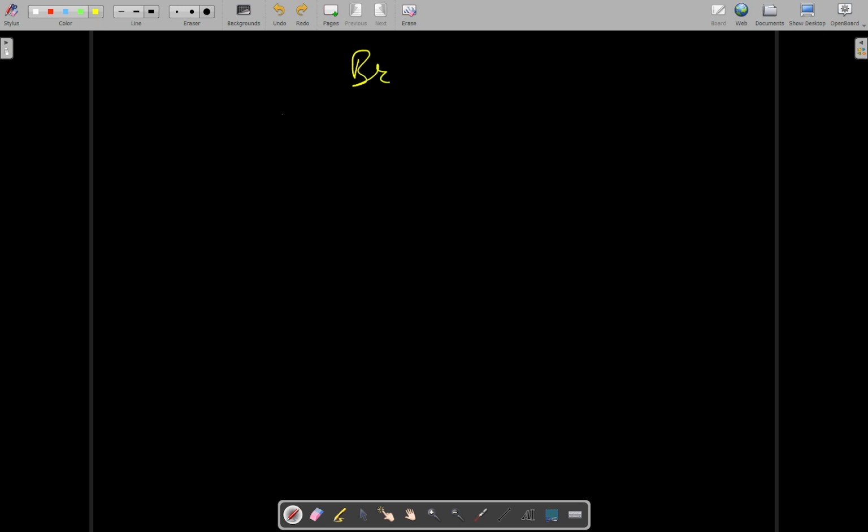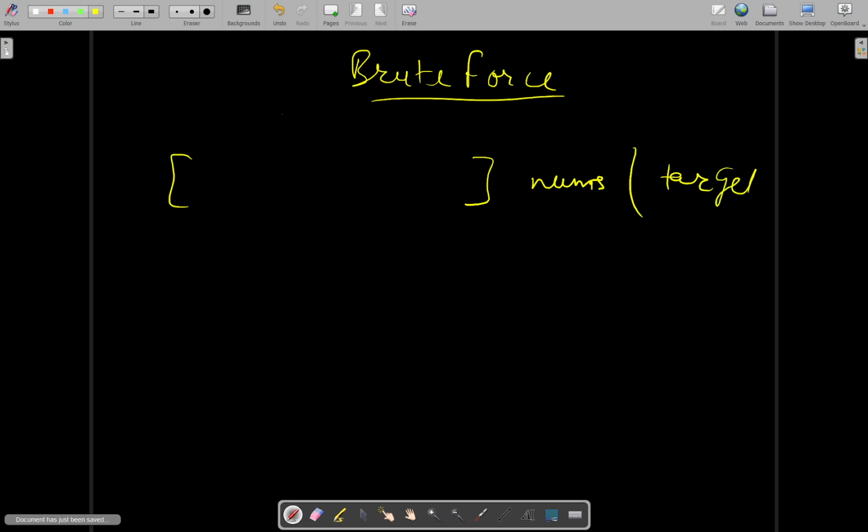First, we will consider applying a brute force approach. When you are given a nums array and the target sum, let's say the length of the nums array is n.